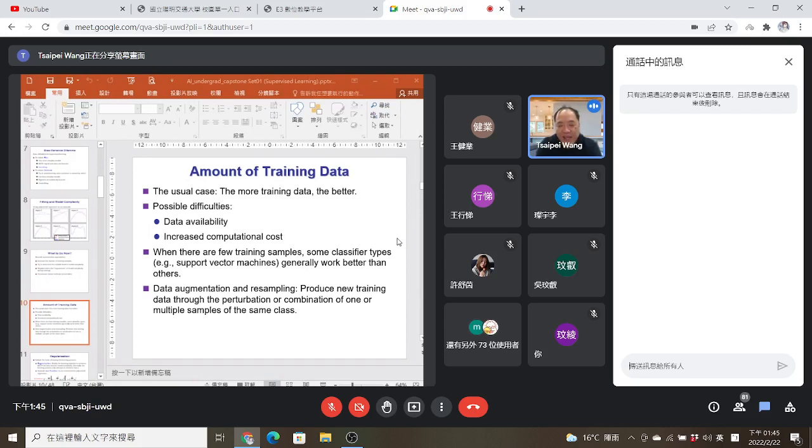You do some modifications, some perturbation of the existing data to produce new ones for which you still have a confident target output or class label. Or resampling sometimes refers to some combination of training samples.